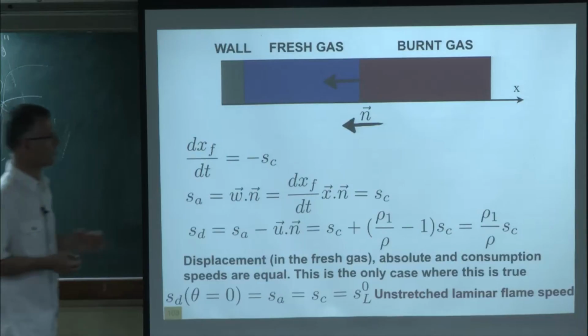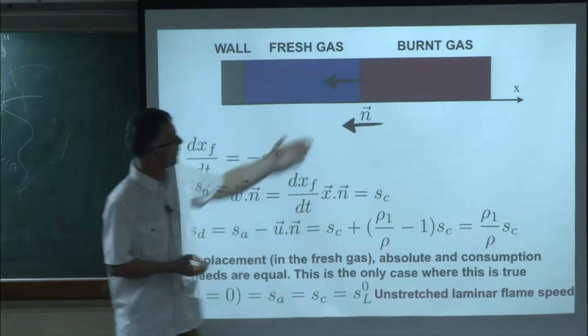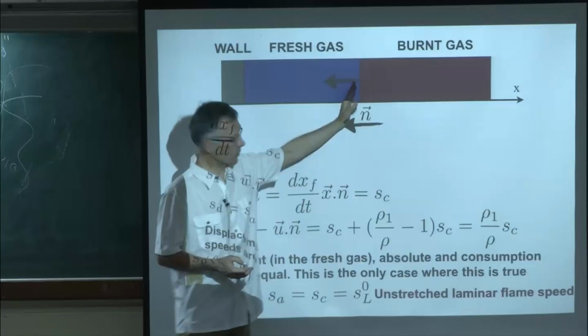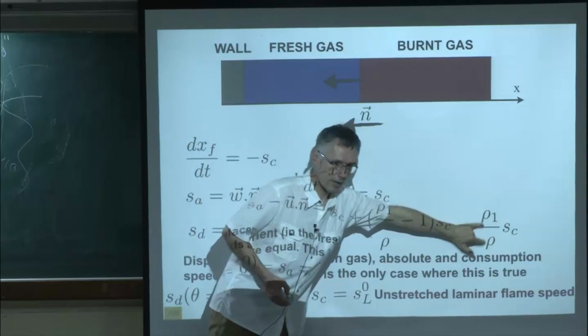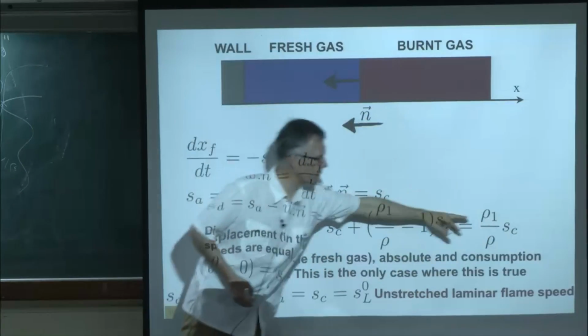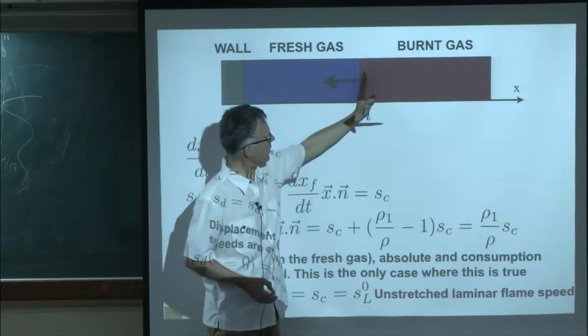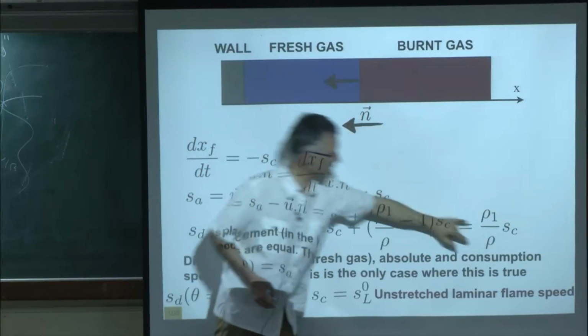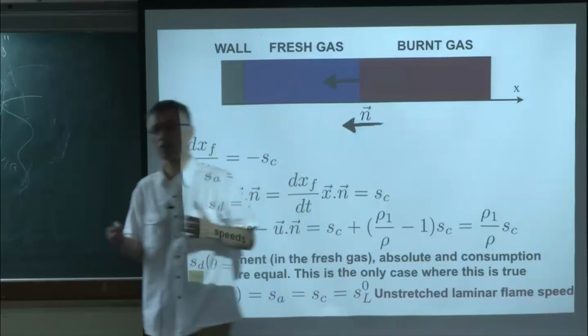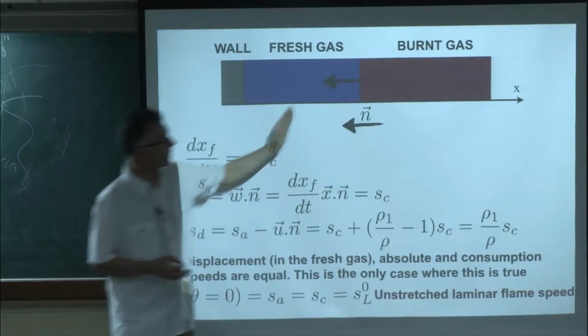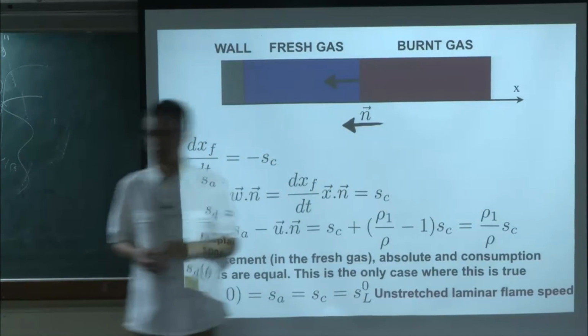So if you measure the displacement speed very close in the fresh gases, this is unity, and you find the displacement speed equal to SC. If you measure the displacement speed in the burnt gases, there will be a mismatch of a factor of 6 or 7. So you have to measure it really on the fresh gases side.